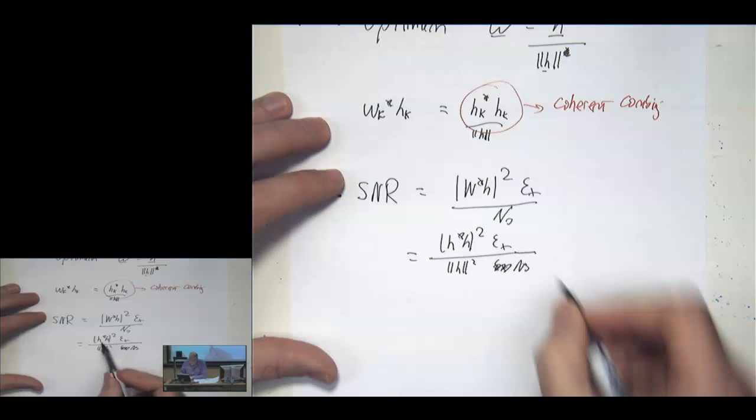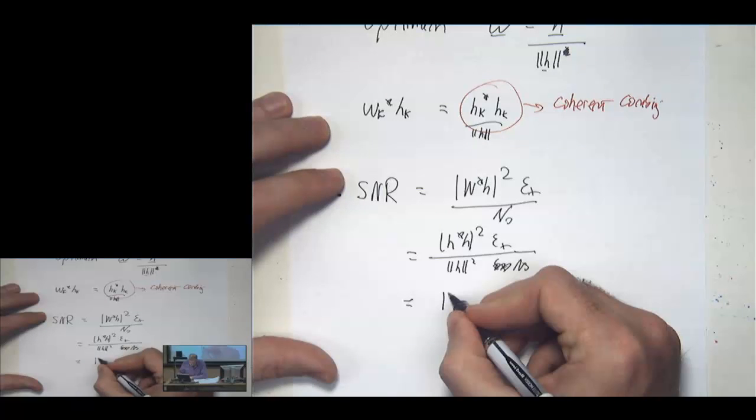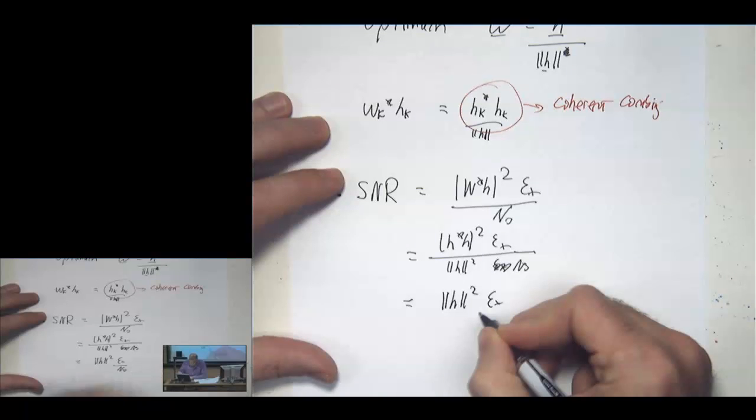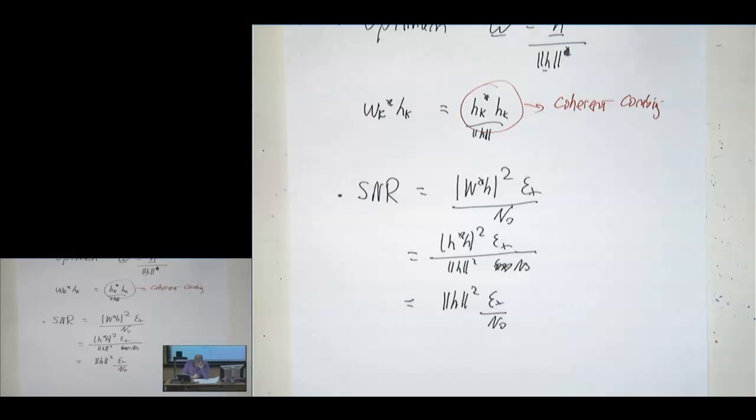And then we just have the norm of H squared divided by the norm of H squared. So that's just equal to the norm of H squared E_X over N naught here.